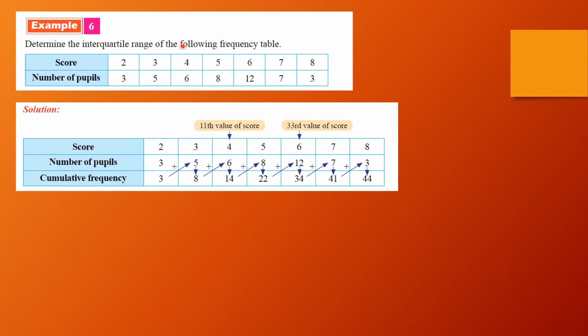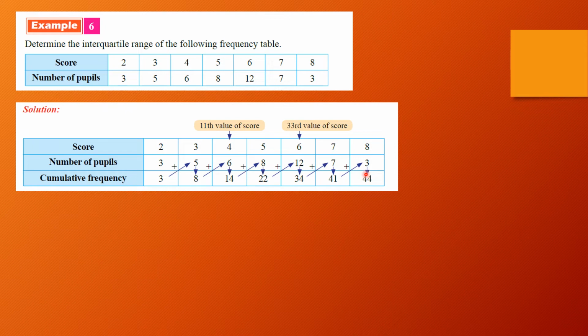So how do we identify the first quartile? First, we calculate how many pupils there are. 3 plus 5, 8, plus 6, 14, plus 8, 22, plus 12, 34, plus 7, 41, plus 3, 44. So total pupils are 44. So first quartile is a quarter.